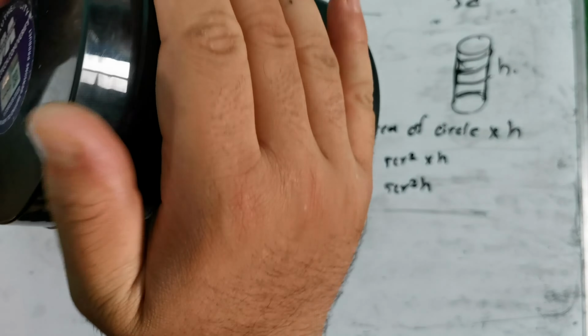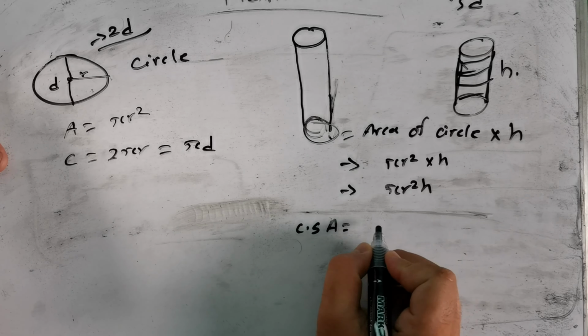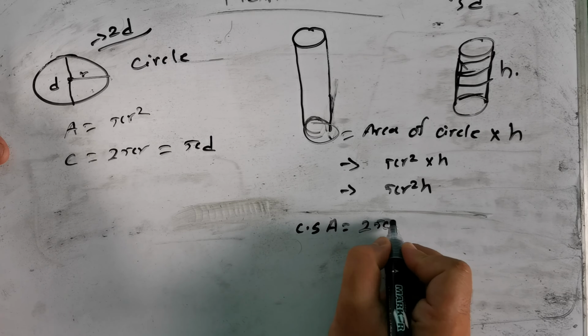The circumference of circle is 2 pi r. Am I right? And here is height, that means h. So curved surface area is 2 pi r h. And total surface area is curved surface area plus two circles, that means 2 pi r square.